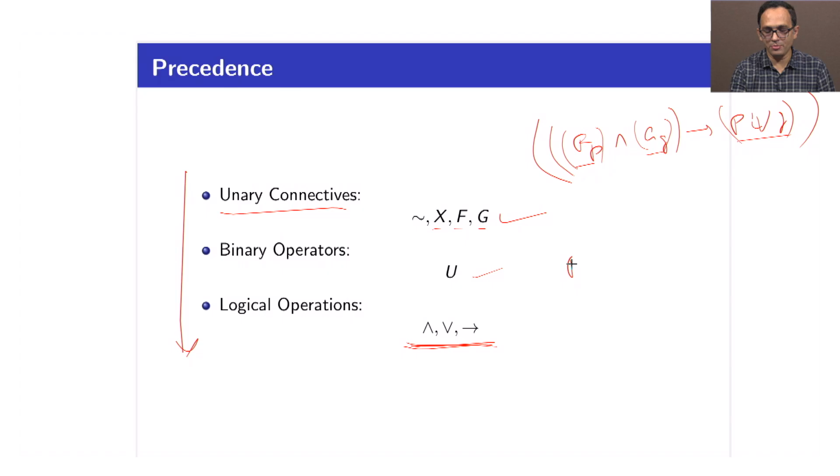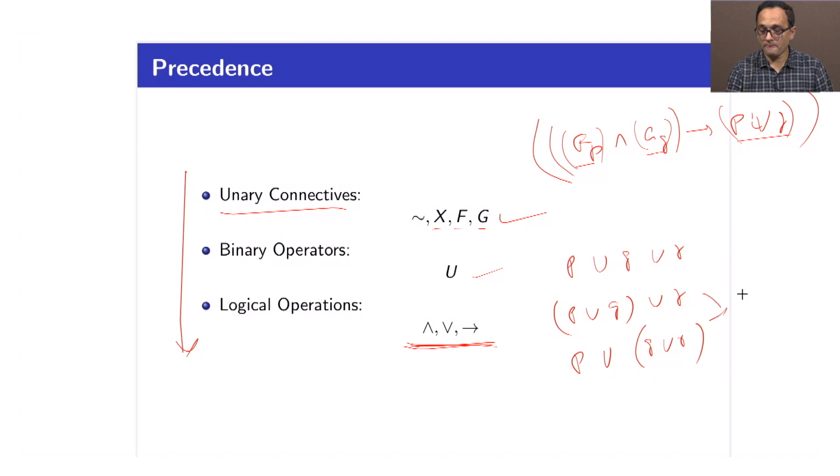So, for example, you have P until Q until R. Should I consider P until Q until R or P until Q until R? So, they are not the same. I will give an example at the end of the class to show that they are not actually the same, okay, once I include the semantics.